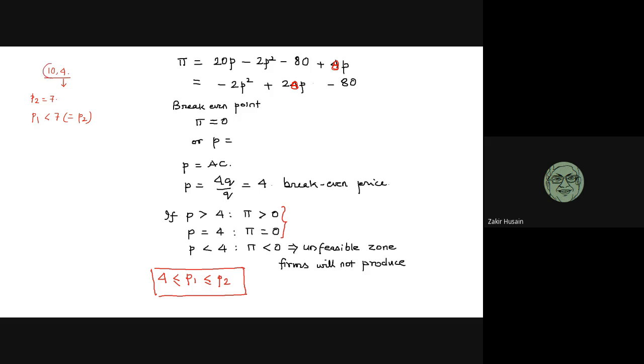So 10 is ruled out. So although you have multiple solutions, only P1 equal to 4 satisfies this condition. If we take P1 equal to 10, then we can't satisfy this condition. So P1 will be equal to 4, not 10.